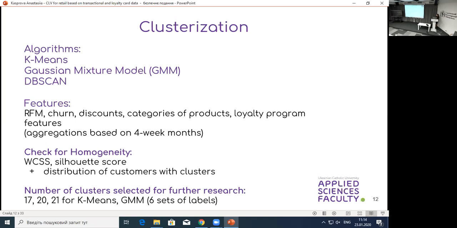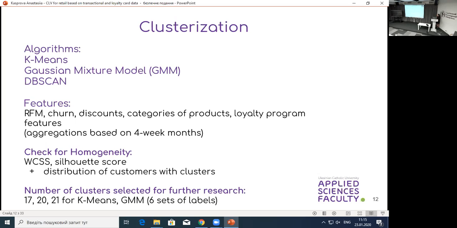For K-means and Gaussian mixture, I had to decide how many clusters to choose, and I ran a test for homogeneity using within-cluster sum of squares and silhouette score. I ran the clusterization technique from 2 to 50 clusters, and then I also built a distribution of customers within these clusters.